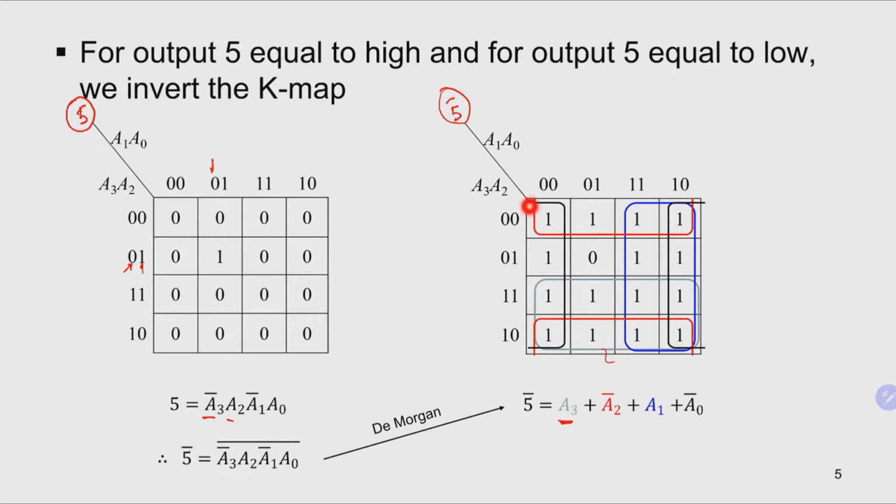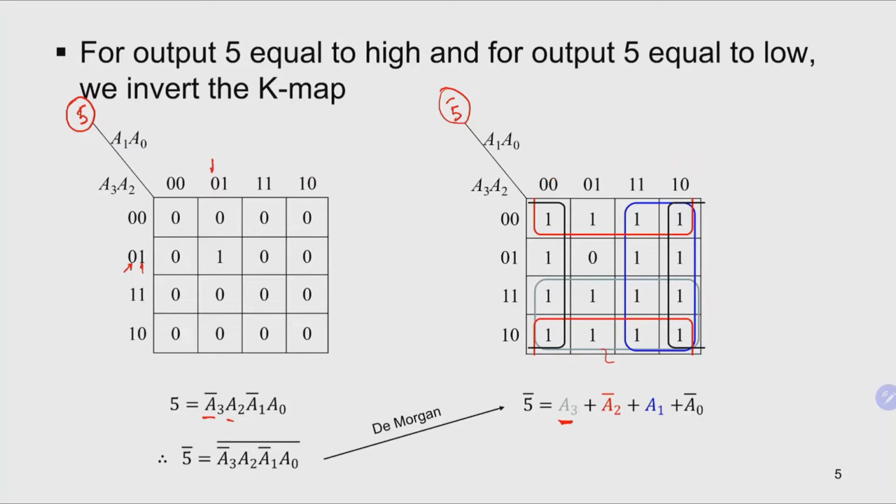And then the last one will be my black loop, looping from left across to right. Again, the loop covers from top to bottom, so A3 and A2 change. And then from here, you can see that A1 goes from 0 to 1, whereas A0 stays 0 throughout.